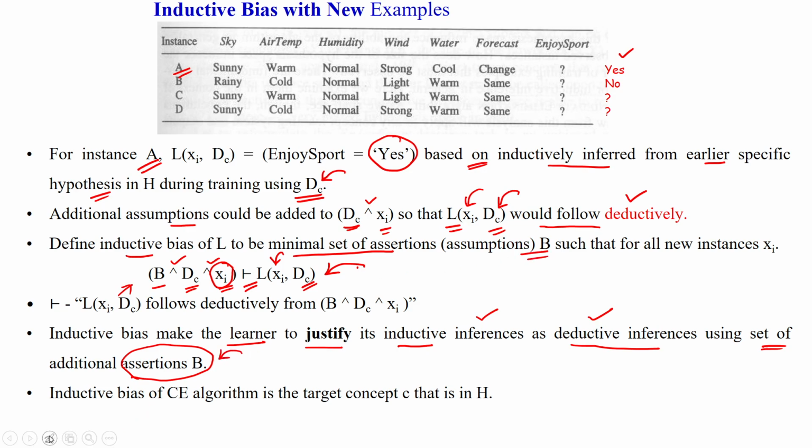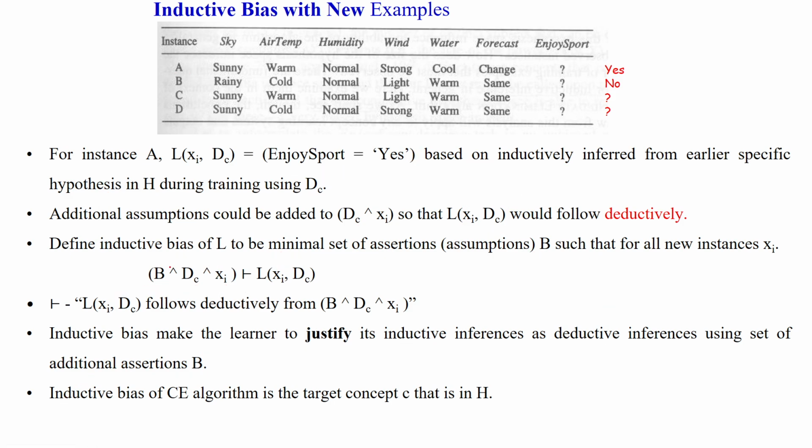Based upon this, we can classify the newly incoming testing sample using the learning system perfectly. So the inductive bias of the candidate elimination algorithm is that the target concept C is available in the hypothesis space capital H. So here we use the inductive bias system to make the classification perfectly.